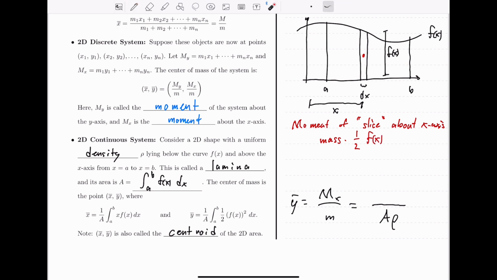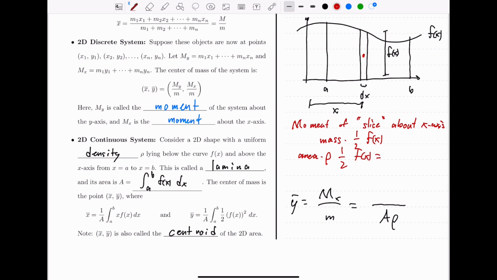We can think of this as one term, m1 times y1. We have the mass times the y value, which is 1/2 of the total height of that rectangle. Once again, mass is area times density. So we can write area times density times 1/2 times the value of the function.